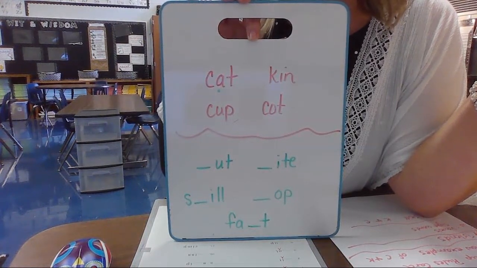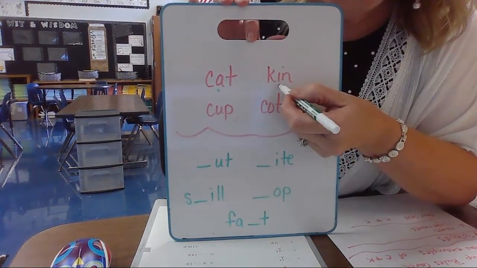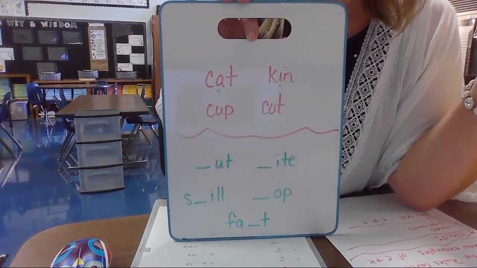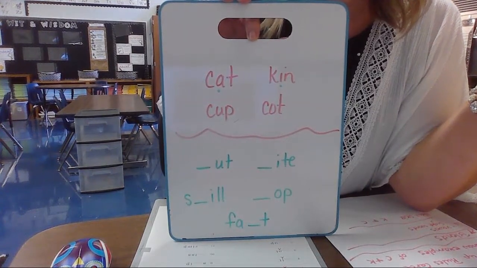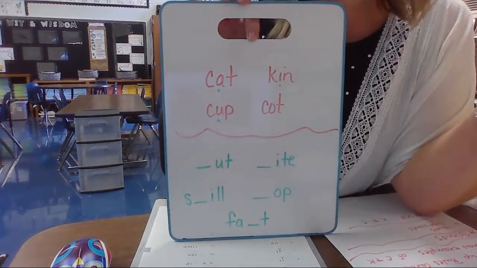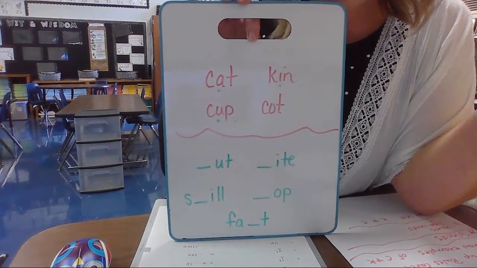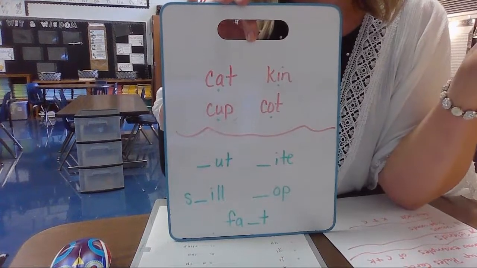Because the rule was it comes before an I. There's our I. What about cup? We're back to a C because the rule is C comes before the U. And the last one, O. Cot. O tells us to put a C.